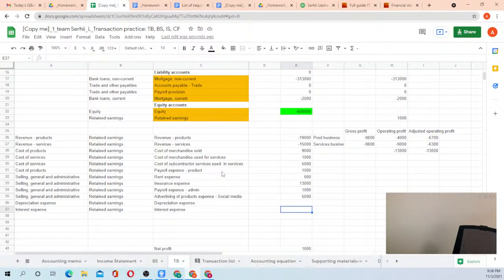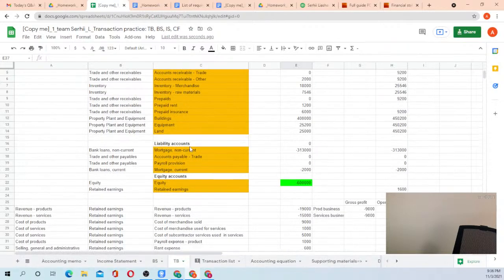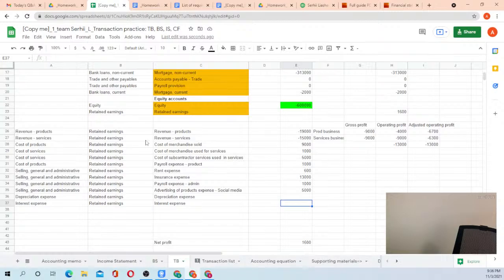That's basically the same task you have with the balance sheet, but you do that with the income statement accounts, the ones which represent your revenues and expenses.